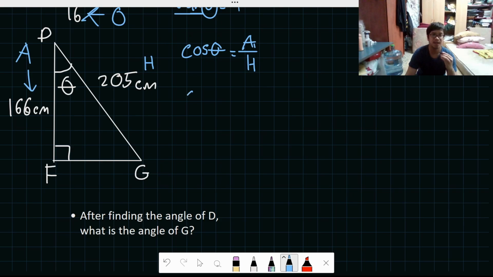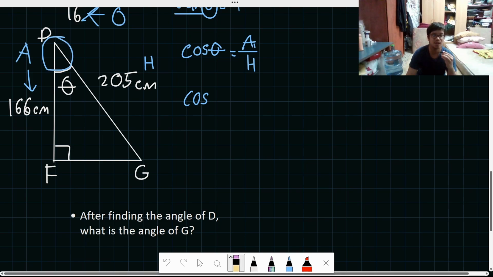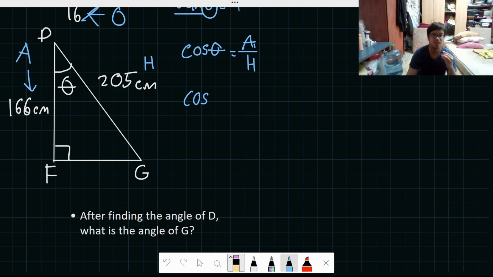So cosine theta, since it is at the vertex D, at the corner D, we can simply substitute this theta as letter D because the theta is located at the vertex D, okay? Then we can substitute the others. So we have 166 centimeters all over your H, 205 centimeters.